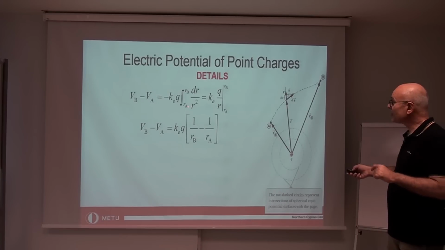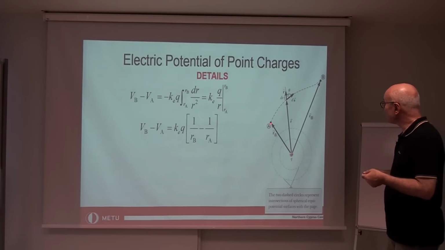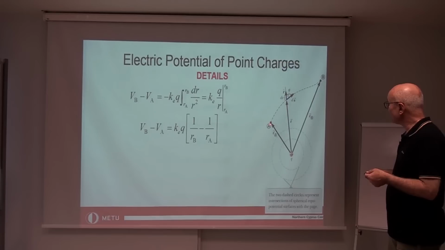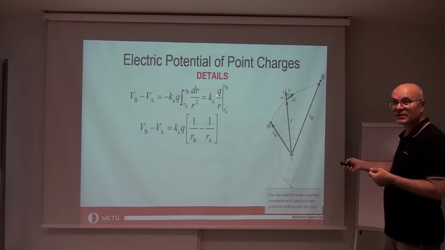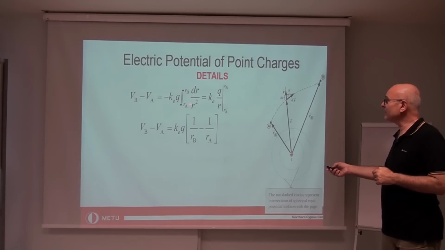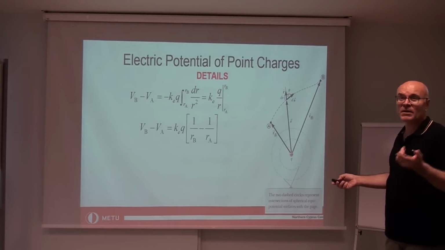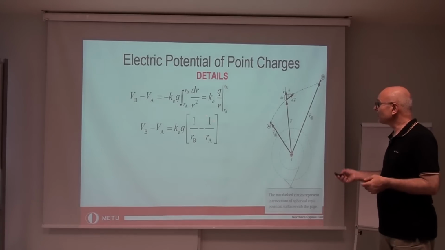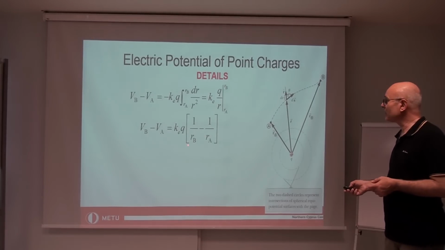Because the variation is along dr, the limits of the integral are this length and the other is this length here. So I substitute r_A, r_B, not vectors now, just lengths. And when you integrate, the integral of 1 over r squared is minus 1 over r. Substitute, you get this expression that we have just obtained.